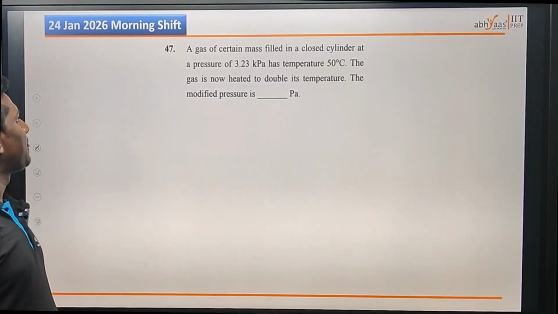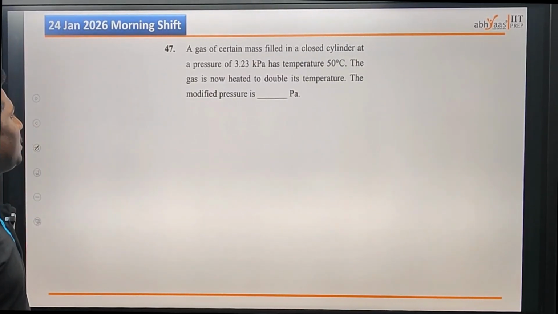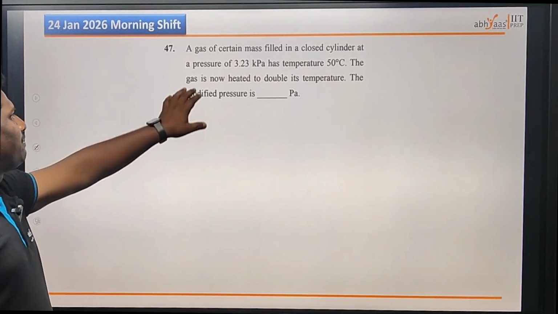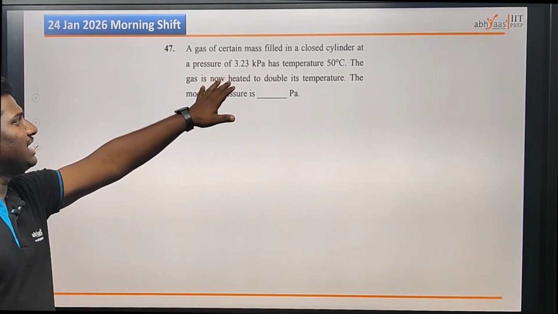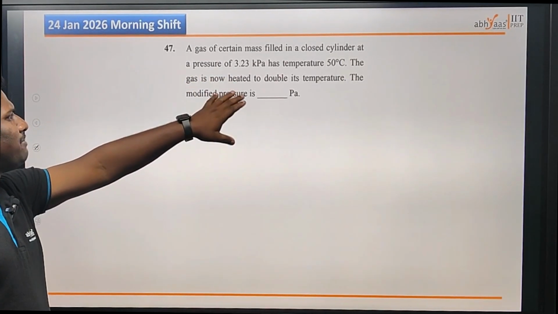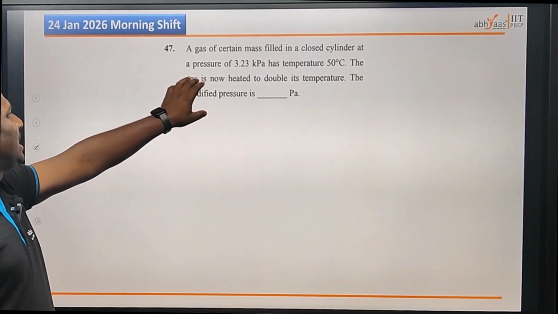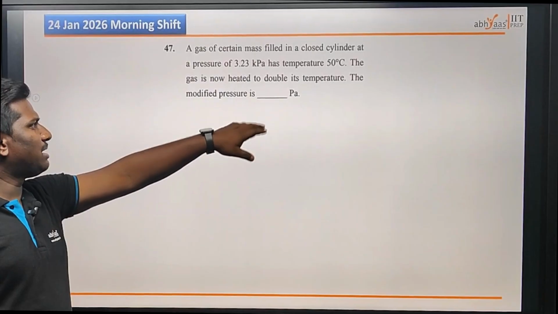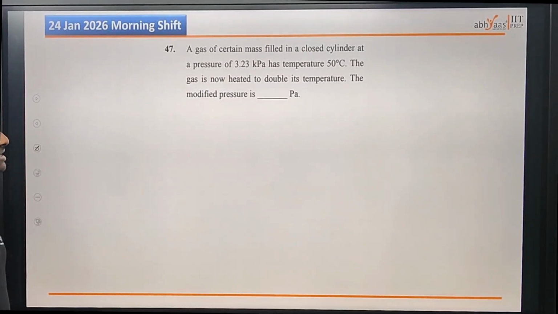Next question, see here, 47. A gas of certain mass is filled in a closed cylinder at a pressure, they have given pressure in kilopascals. The temperature is 50 degrees, and the gas is now heated to double its temperature. So double its temperature, then what is the modified pressure?